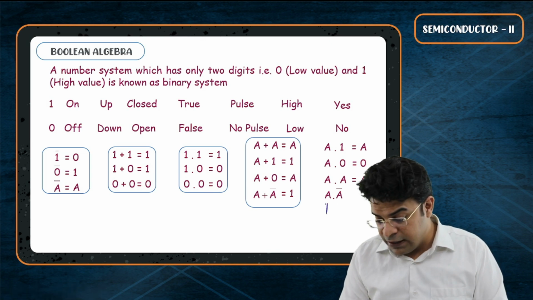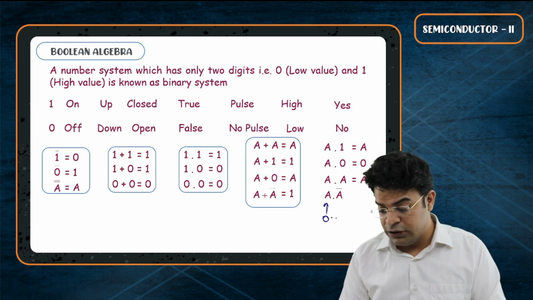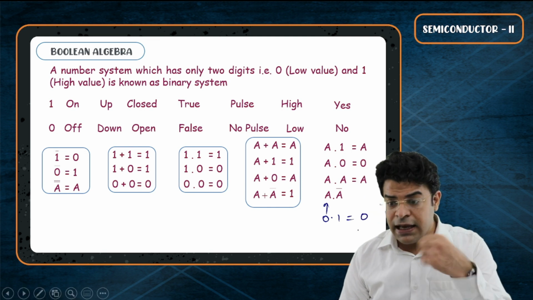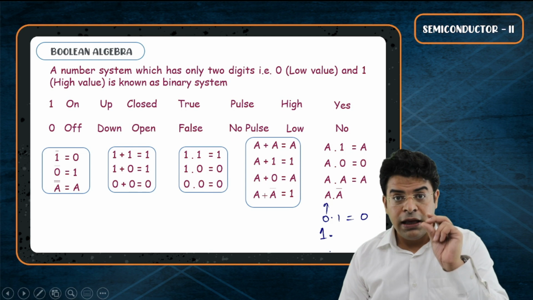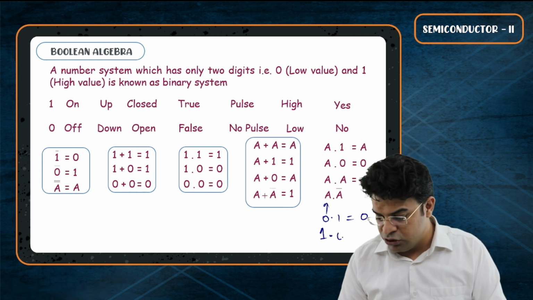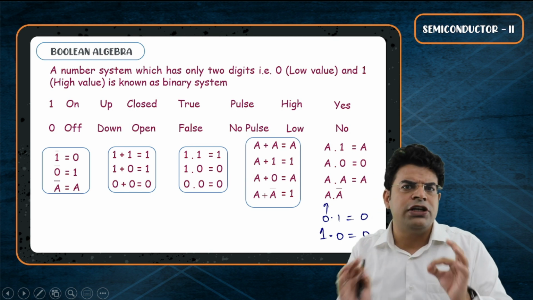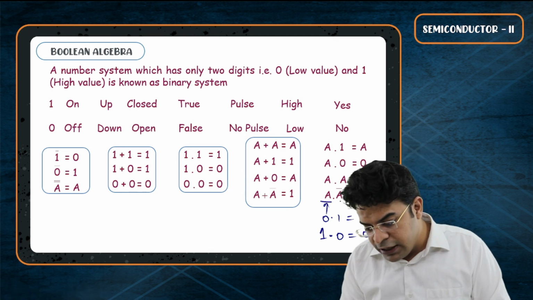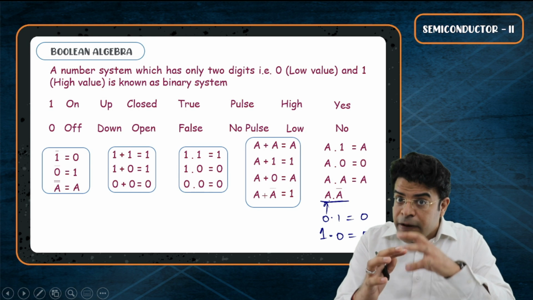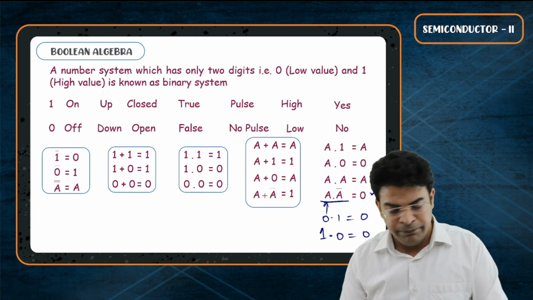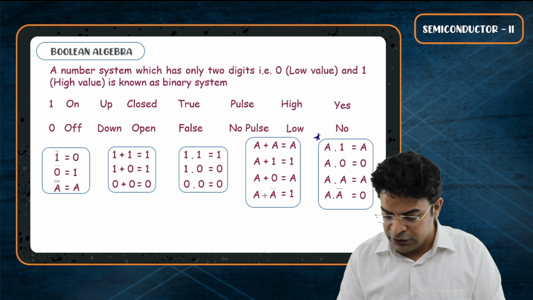If you take a as 0, a bar is 1 and 0 dot 1 is 0. If you take a as 1, then 1 dot a bar, a bar will be 0 and 1 dot 0 will be 0. So irrespective of the choice of a, a multiplied with the inverse of a gives you 0 every time. So this has to be remembered as well.